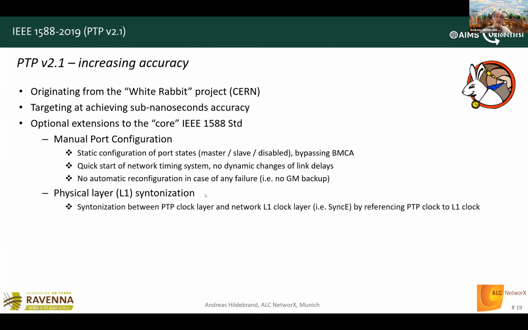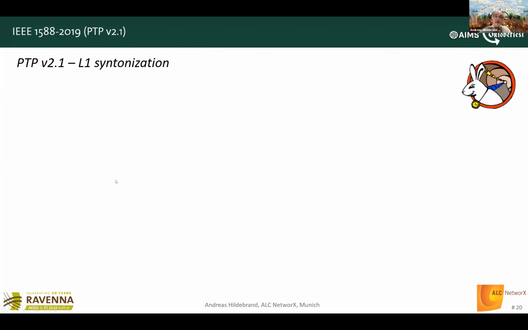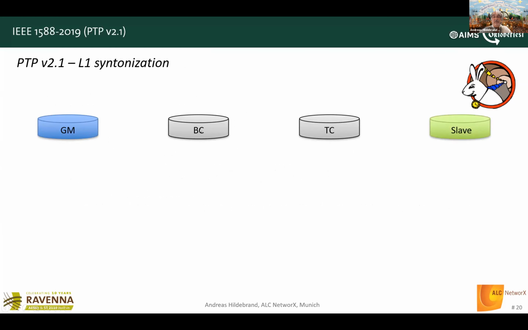Another important feature for achieving higher accuracy is physical layer synchronization. That is to synchronize the PTP clock within, for example, synchronous Ethernet by referencing the PTP clock to the L1 clock. Why is this? Well, let's have a look at a typical setup. We have grandmasters. We possibly have boundary clocks, transparent clocks. We eventually have a slave, of course, or multiple slaves.